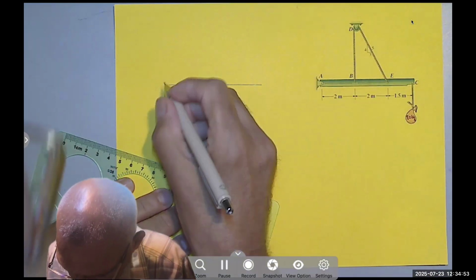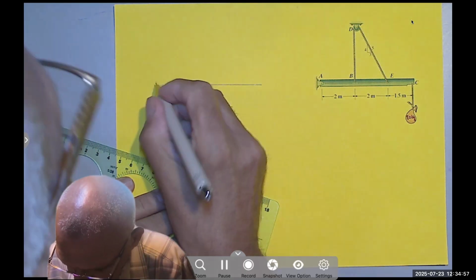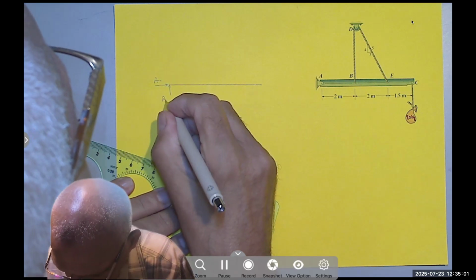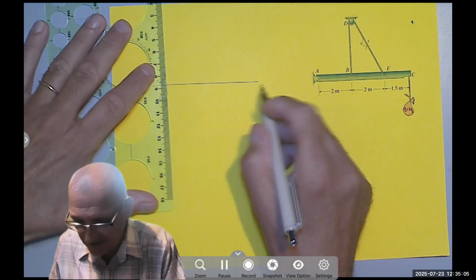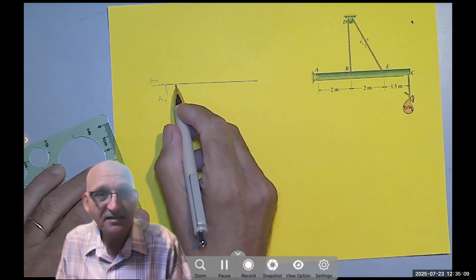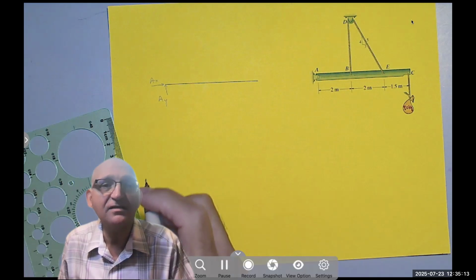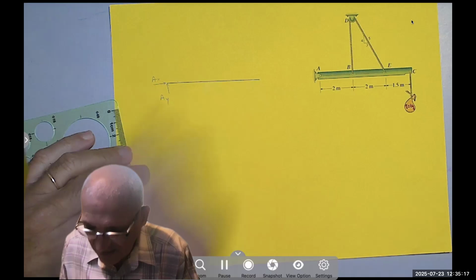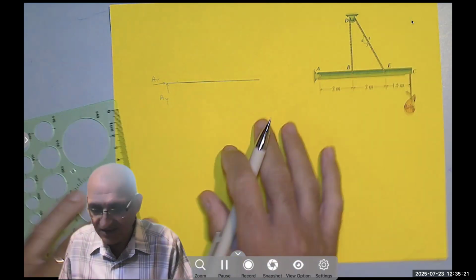The pin is replaced by an X and a Y. So A sub X, A sub Y. By the way, some people draw the A sub Y above and the A sub X inside. I prefer to do it this way because I want you to see the two arrows. If I draw A sub X here, maybe I use a different color or something, but I don't like it.